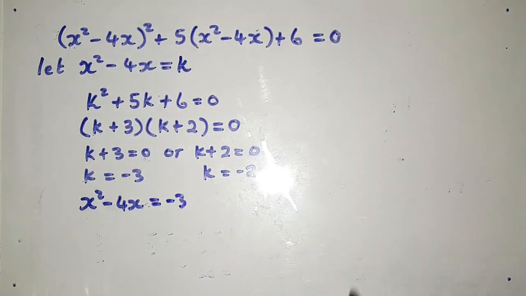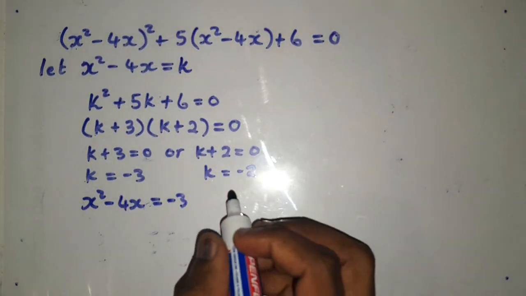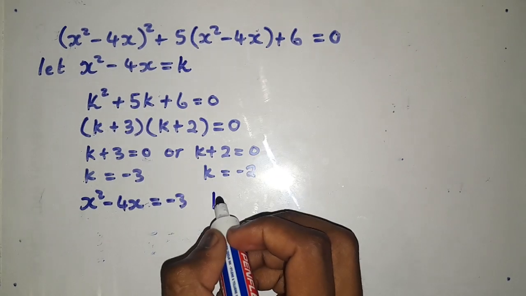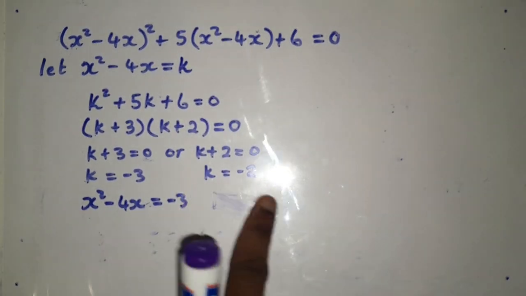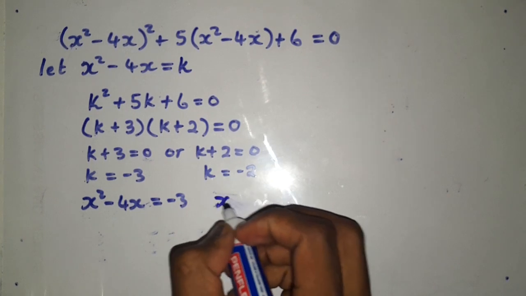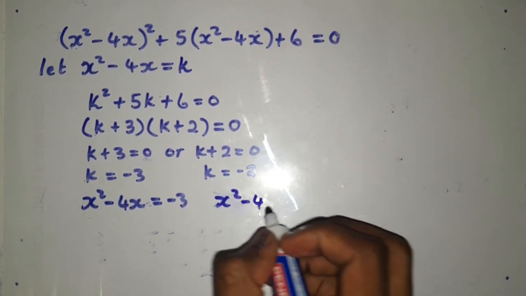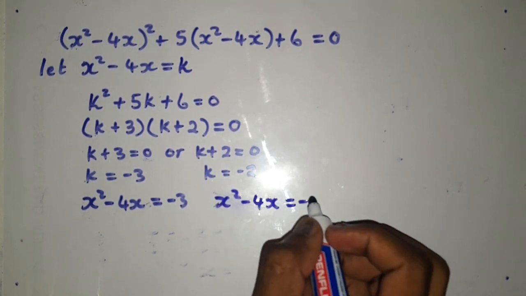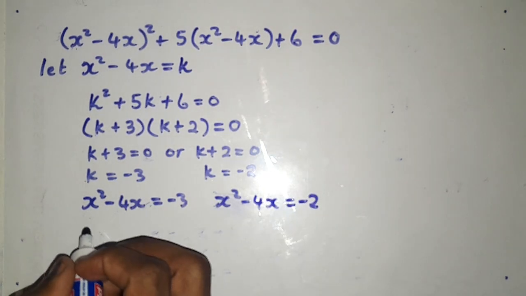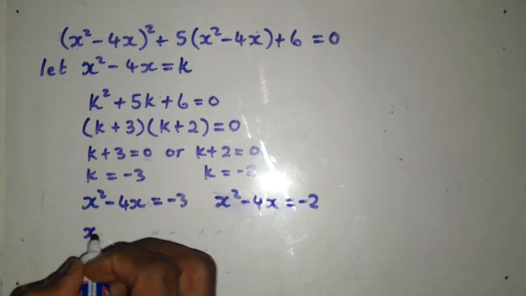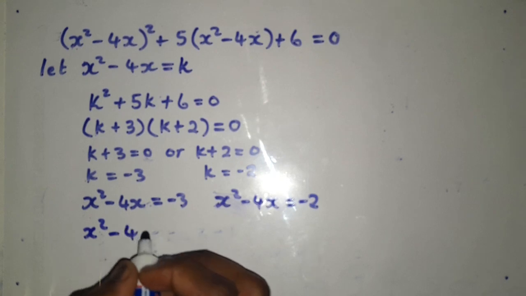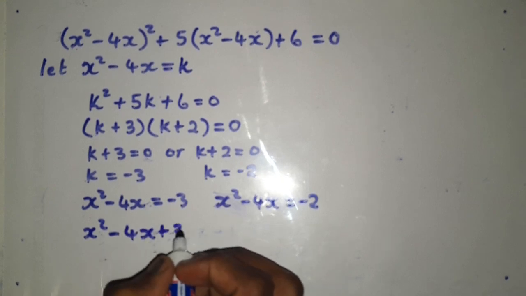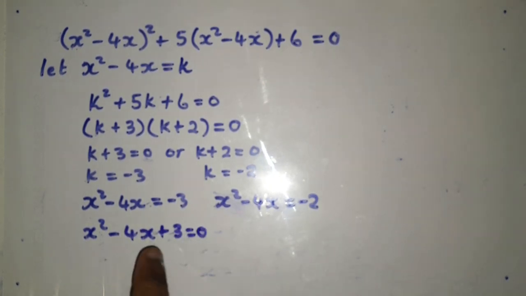We also have this side: x squared minus 4x equals minus 2. Let us take 3 to the other side. It's going to be x squared minus 4x plus 3 equals 0. We have this equation.